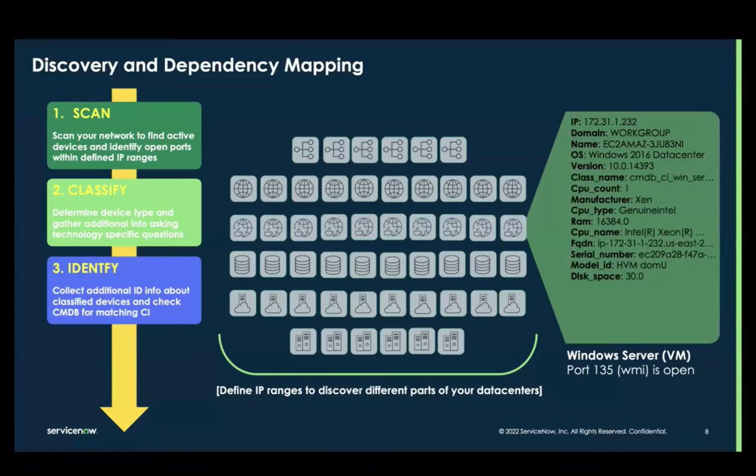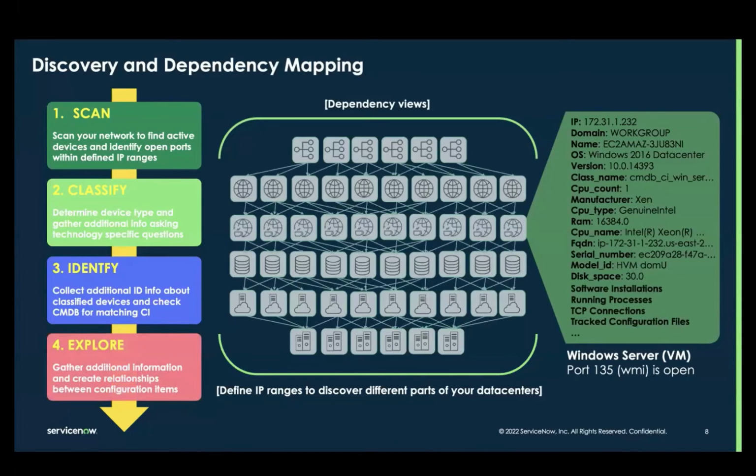And that will determine what we'll use in the next two phases, we can say, of discovery, which is the identification section, where we gather more information to determine whether we already have that CI in the CMDB or not. So if a new CI will need to be created, we need to gather even more information to be able to eventually reconcile that information to the CMDB.